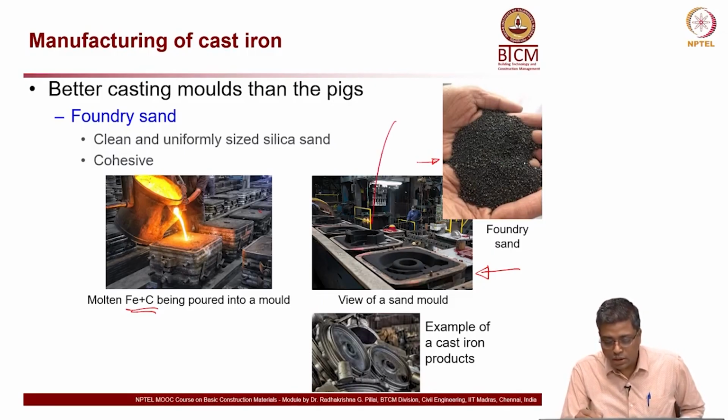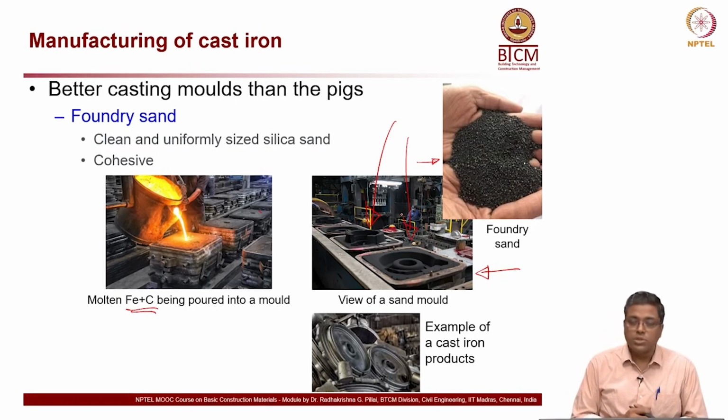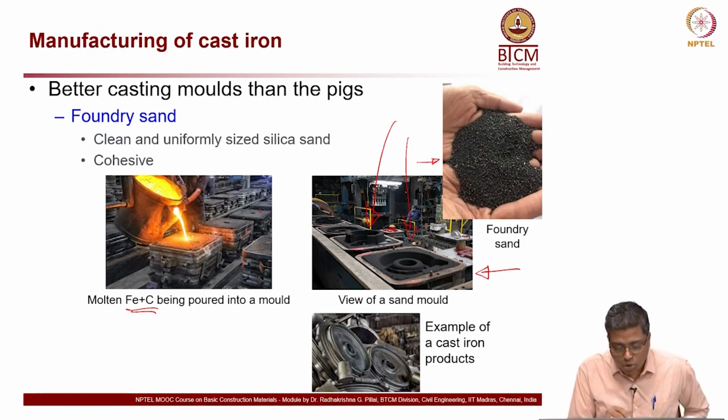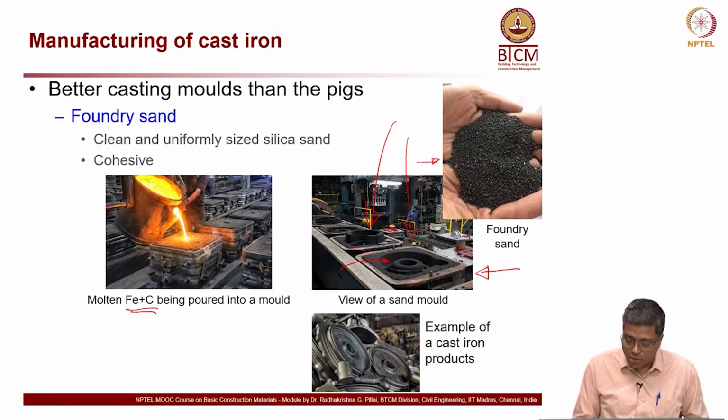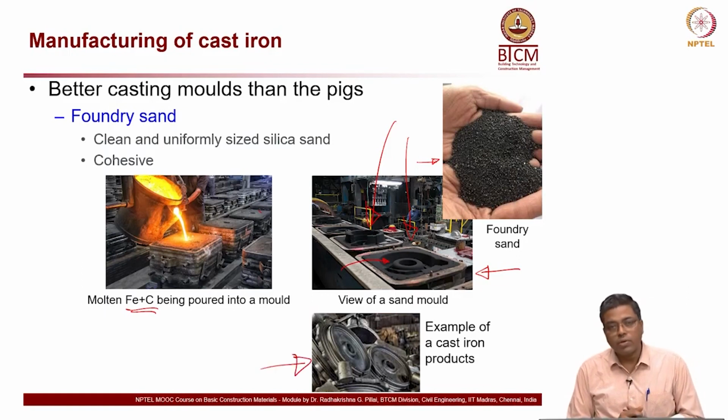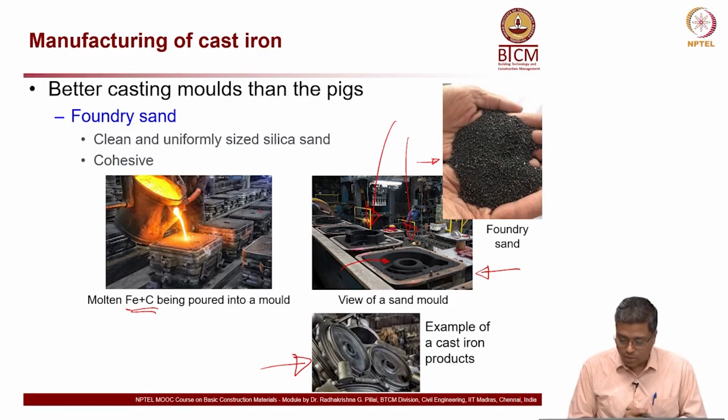You can see here there are some cast shapes of foundry sand, and then the molten material is poured into this place here, and it flows and then makes the shape, and on the bottom you have an example of something which looks like a wheel shape or whatever machinery parts. Okay.